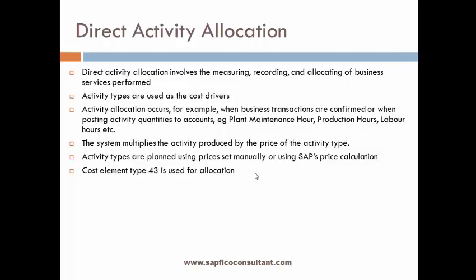So whenever the production people confirm that the production hours have been done, they will confirm the number of production hours, the number of labor hours on each of the production hours. So they will confirm the activity, that this activity of 7 hours, 10 hours or 15 hours has been completed on the production order.